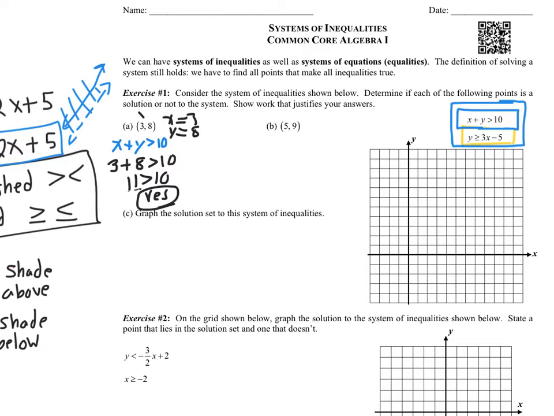And so this point satisfies the top inequality, but does the point satisfy the second inequality as well? We write the equation y is greater than or equal to 3x minus 5. So I'm testing the second equation, and I'm going to solve for it by substituting the same x and y into it to see if it's valid.